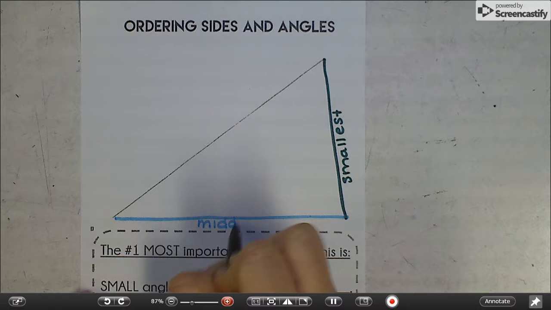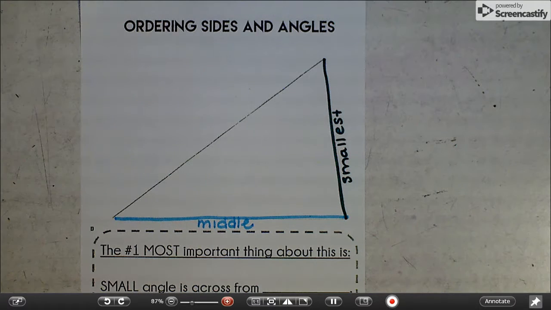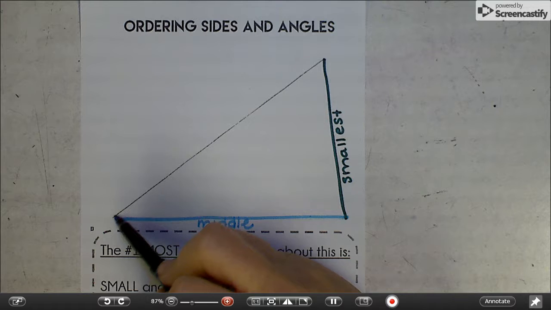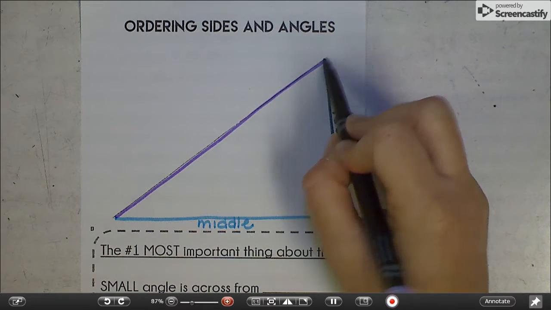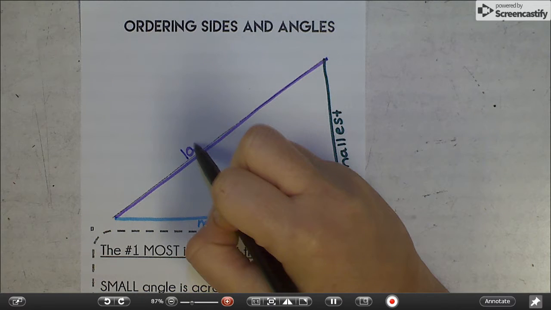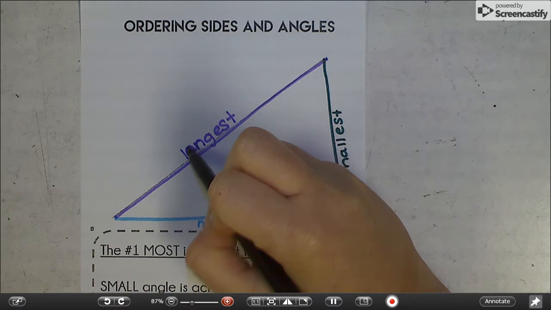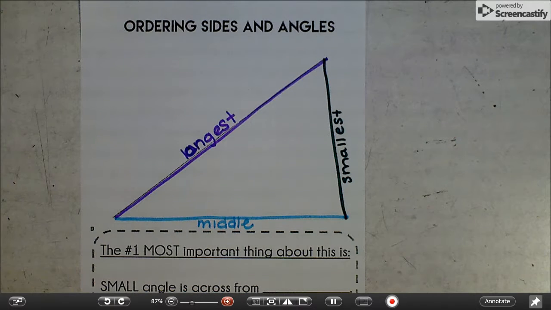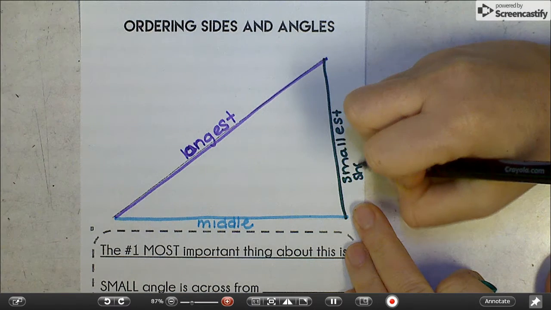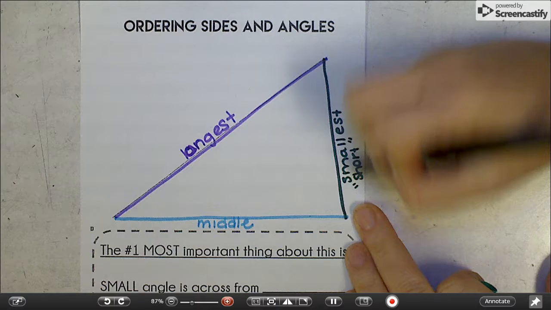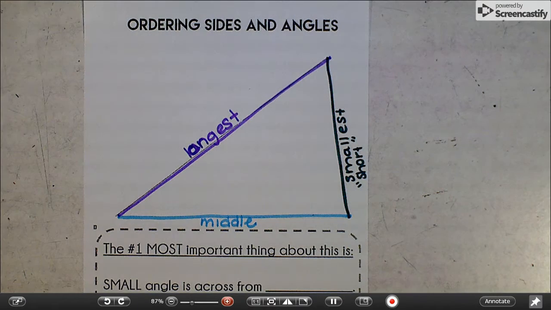The biggest one is the one that comes down. This diagonal one is the largest. I'm going to write longest. So it's really shortest, medium, and longest. You can write whichever of these words you want. I'm colorblind.